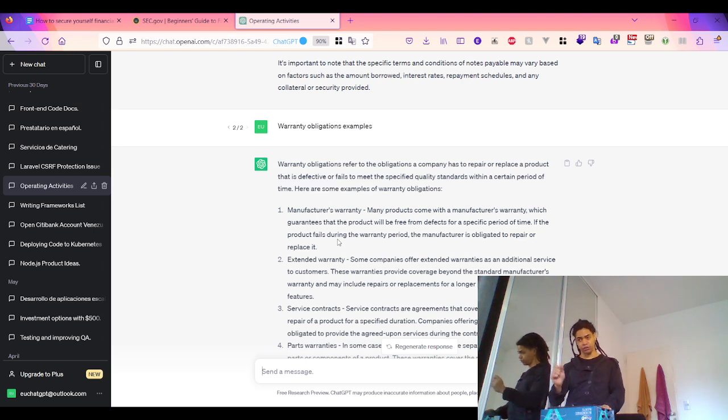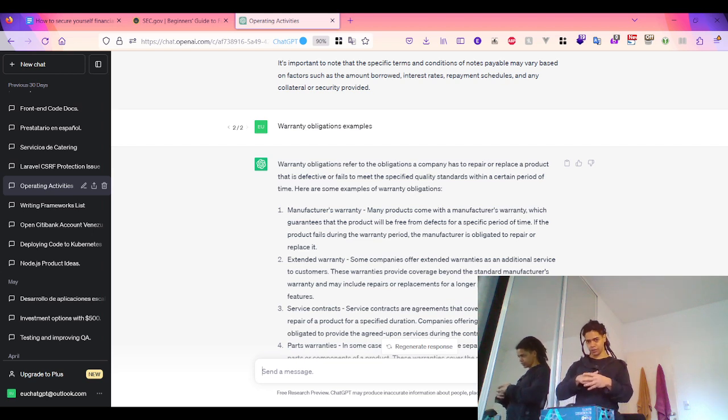That's the reason why they call them non-cash items, such as amortization, depreciation, stock-based compensation, and so forth. As well as look at the total amount of cash that was used or received from other operating activities.